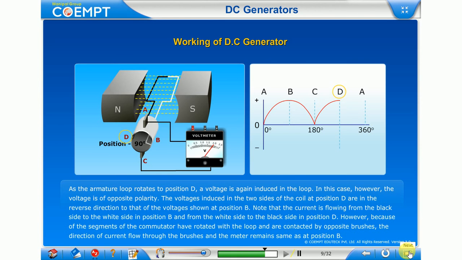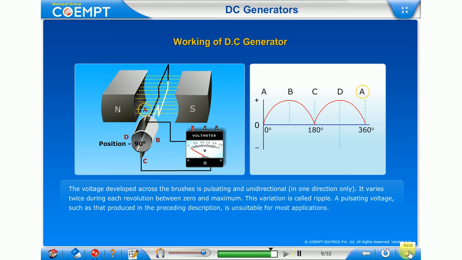The EMF generated per conductor is equal to d phi divided by dt, which is equal to P phi divided by 60 by N, which is equal to P phi N divided by 60, measured in volts. EMF generated EG is the EMF per parallel path, which is equal to EMF per conductor multiplied by the number of conductors in series in a parallel path.